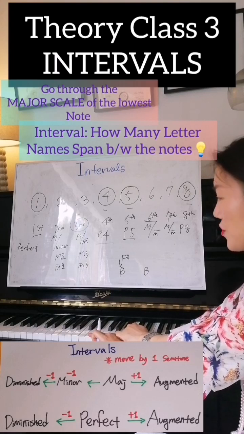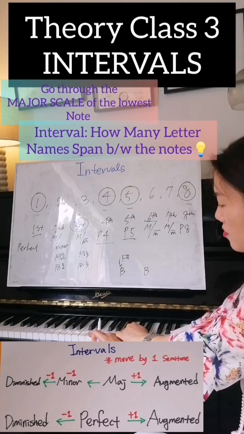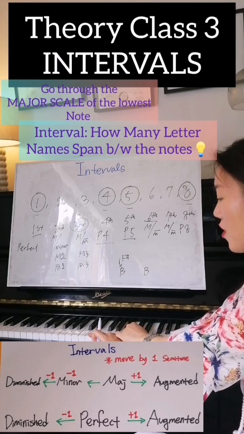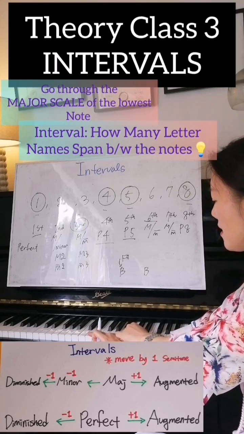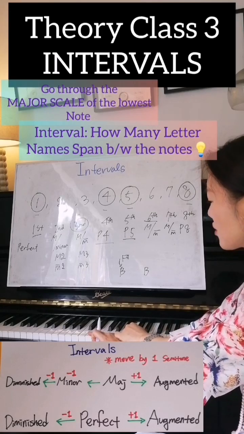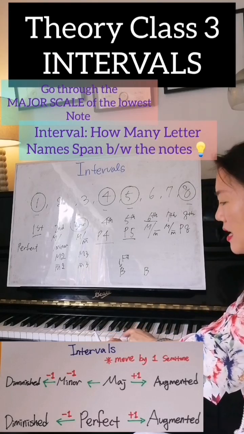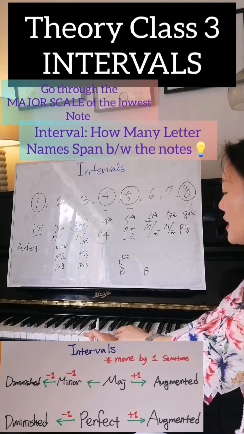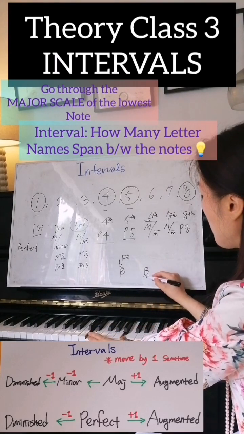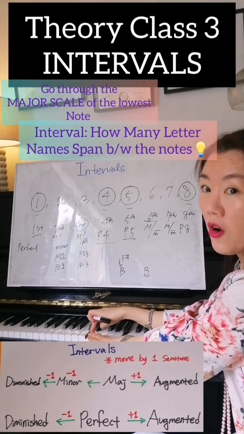Do you need any sharps on B? No. There are no sharps on B in the key signature of D major. So B becomes the major sixth of D, because B is the sixth note of D major scale. So B is the major sixth of D.